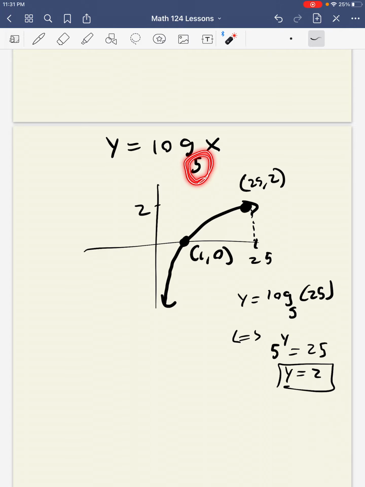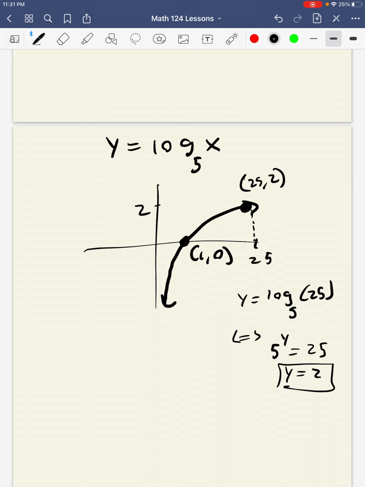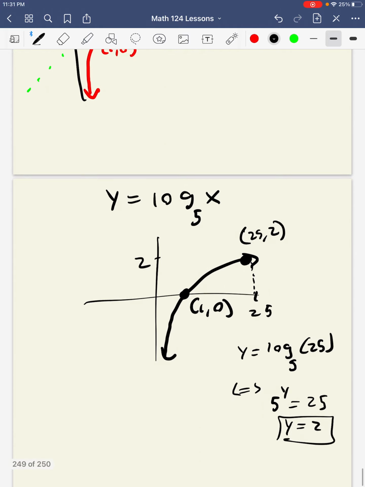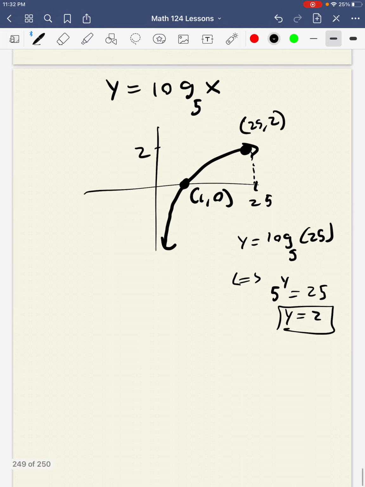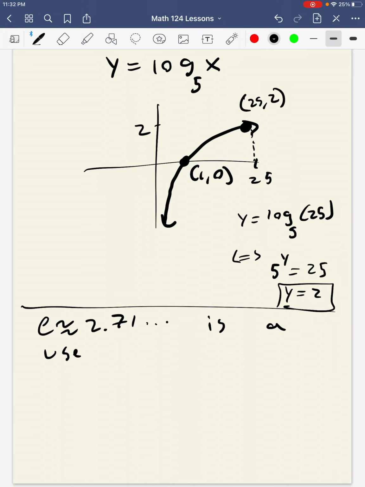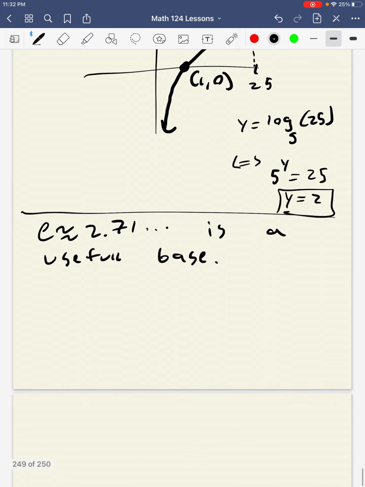Now, this log had a base 5, but we could use any number. We typically use a number greater than 1, of course. So the most popular base, you may have guessed, is e. From last lesson we learned that e, which is about 2.71, is a useful base, so we're going to deal with it here.